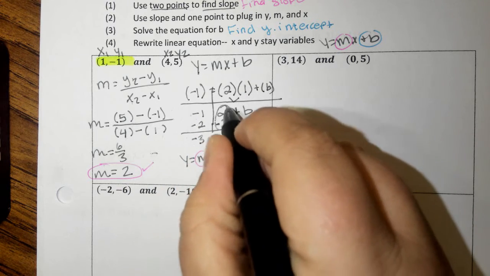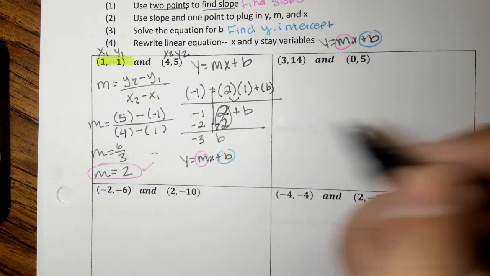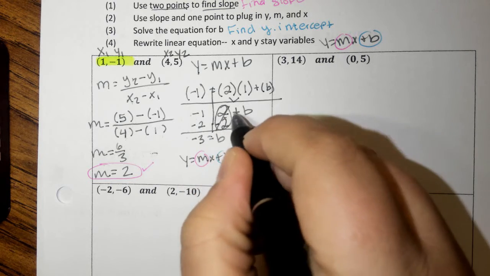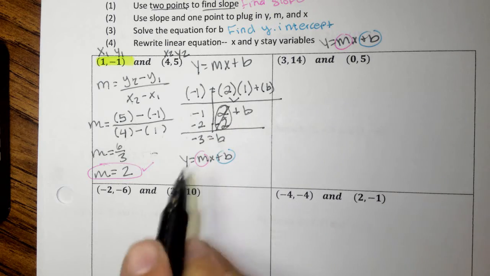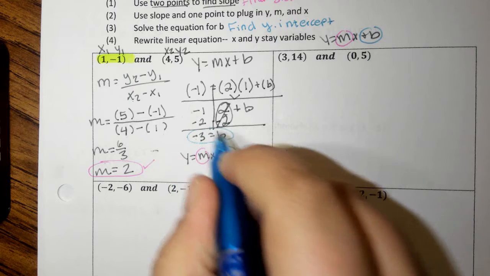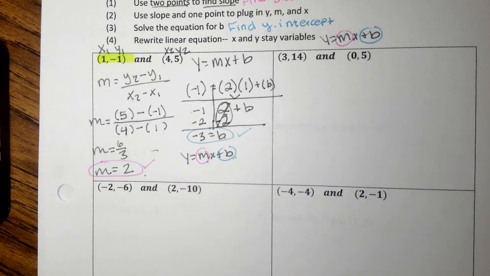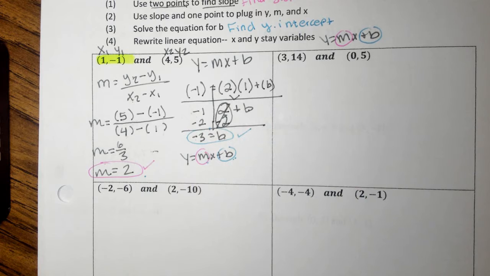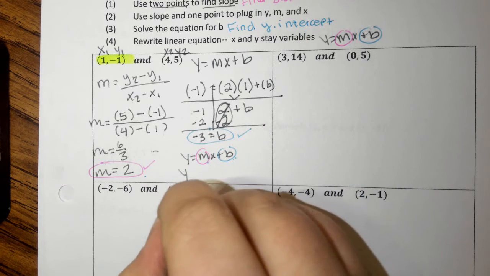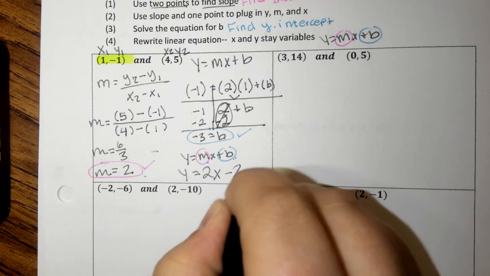On the right, 2 and -2 are a 0 pair, and we're left with b, because 0 plus b is b. Now I know that -3 is equal to b. I know m, and now I know b, so I can rewrite the equation y equals mx plus b. I'll write y equals 2x minus 3.